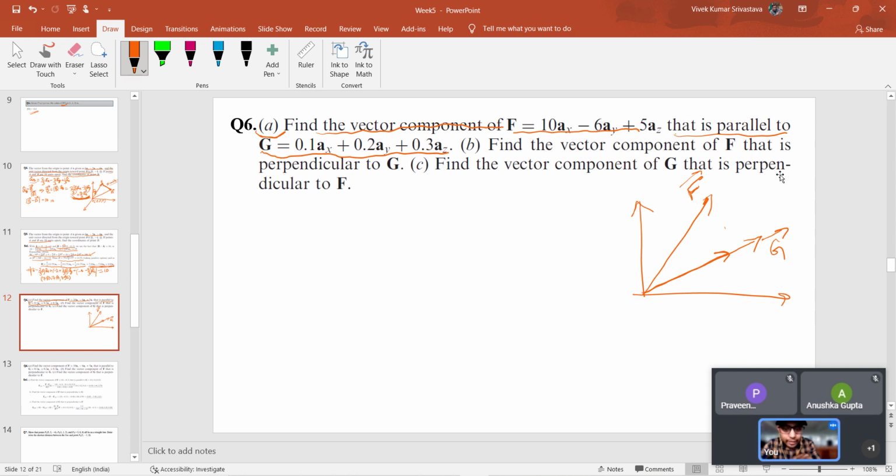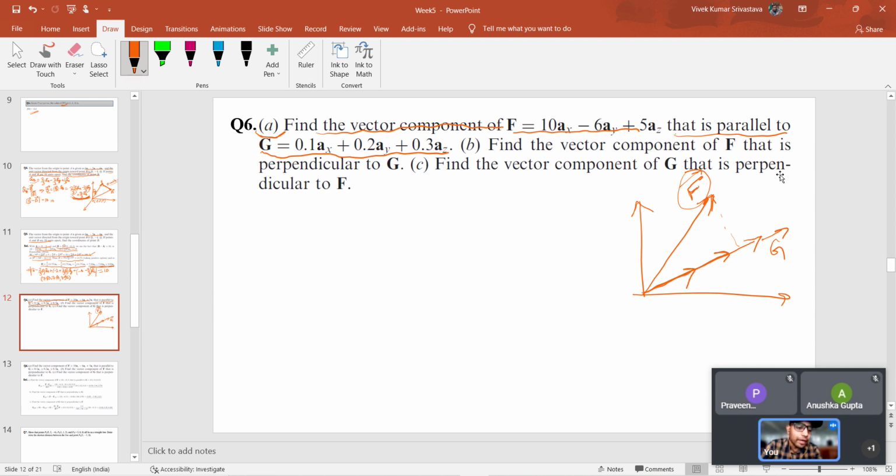So for finding out this a part, as I said in the previous question, once you want to find out how much projection of any vector is in some another direction, you have to simply take a dot product of this vector with the unit vector along that direction.